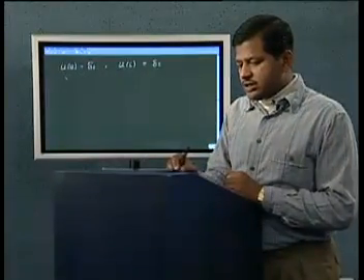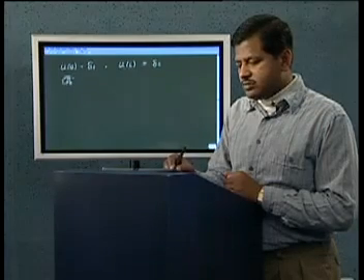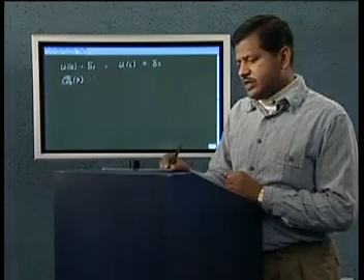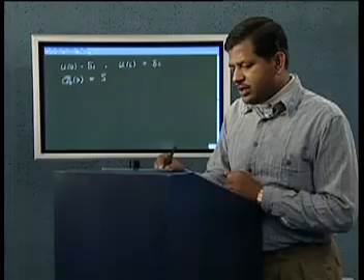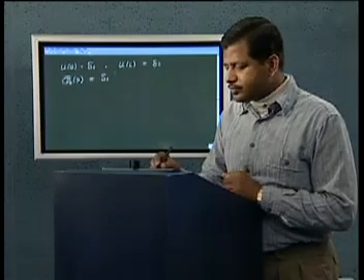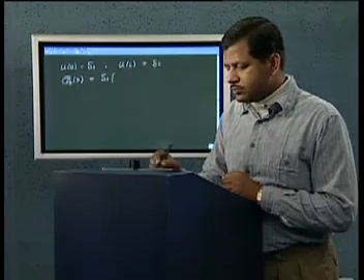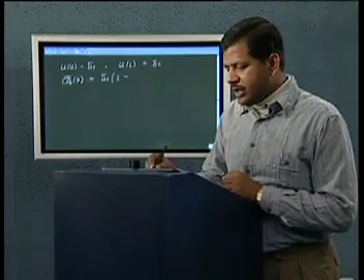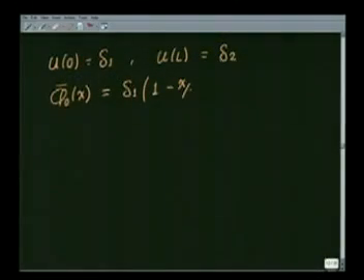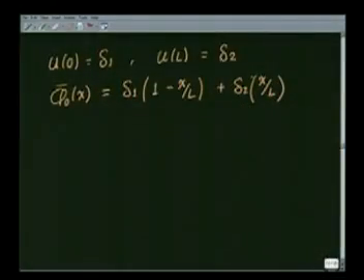Then how do we construct this function phi 0 of x? It is very easy. You take it to be delta 1 into (1 minus x by L) plus delta 2 into x by L. If you look at this expression, at x equal to 0 we get x by L equal to 0 and the other expression is equal to 0.